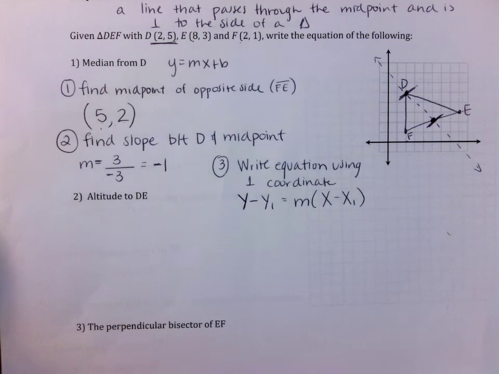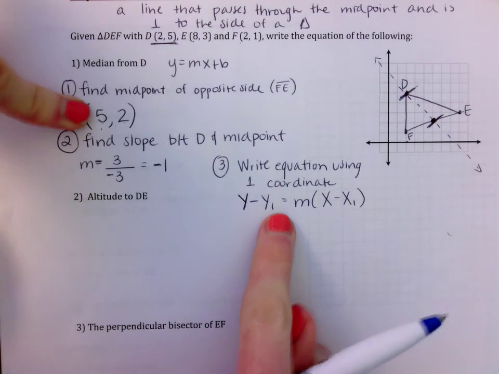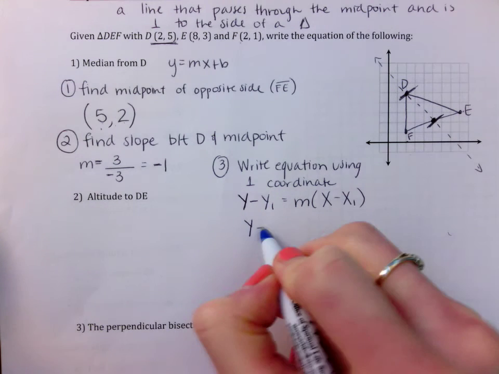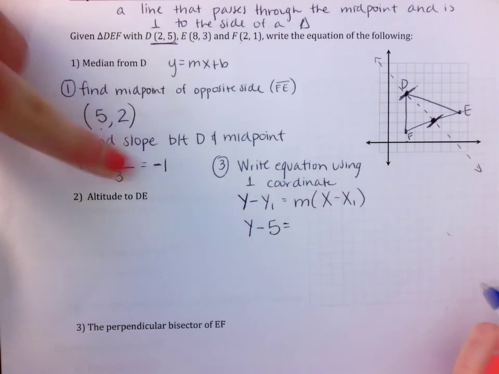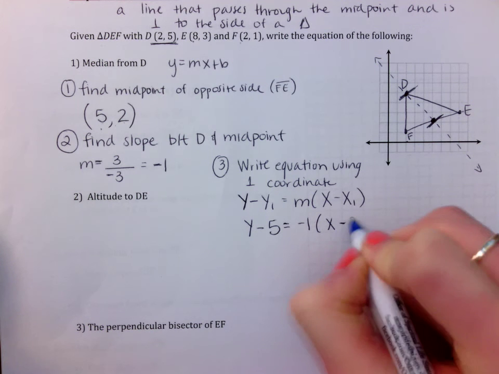So really, after we found the midpoint up here, we're just going back to algebra and writing equations of lines. So I have y minus 5 equals, I just found my slope, negative 1 times x minus 2.